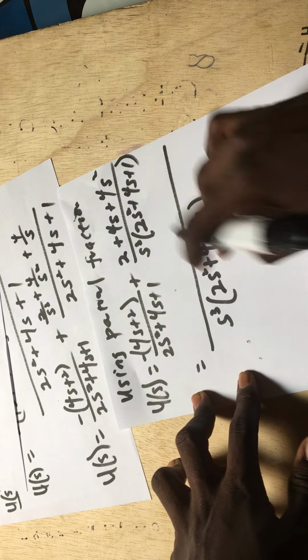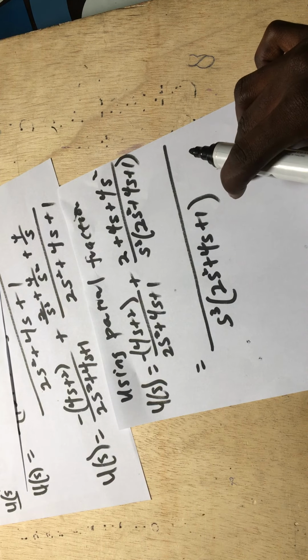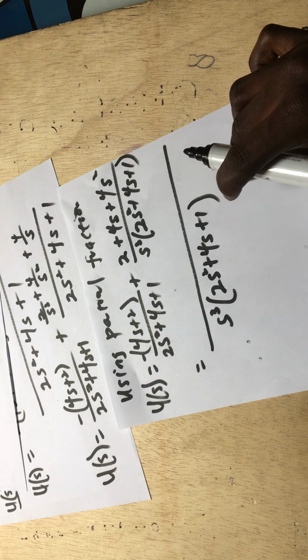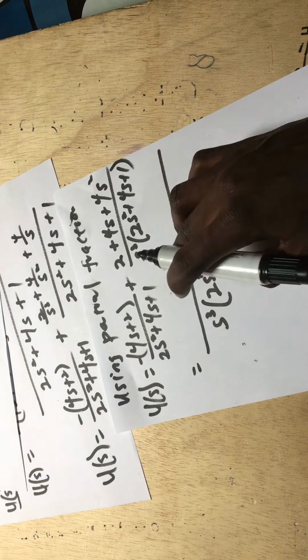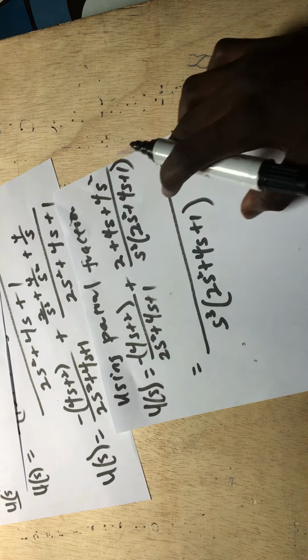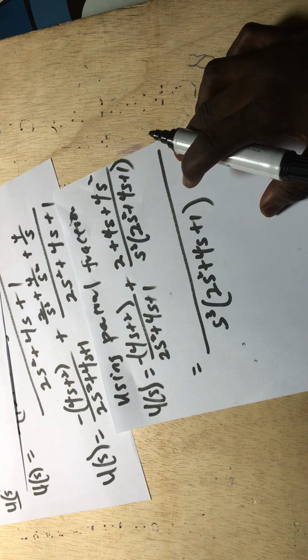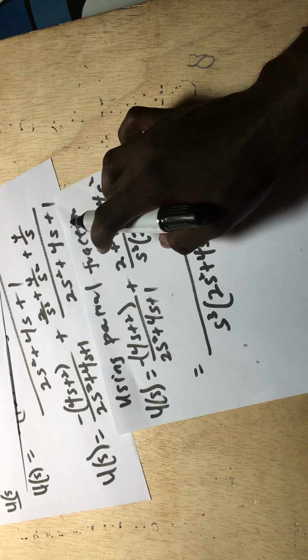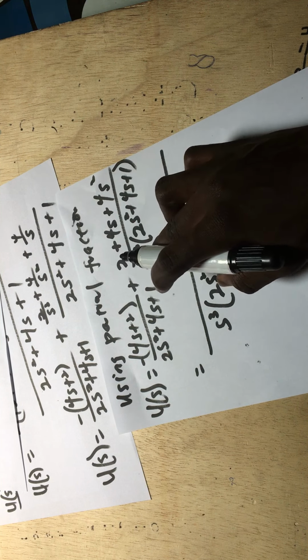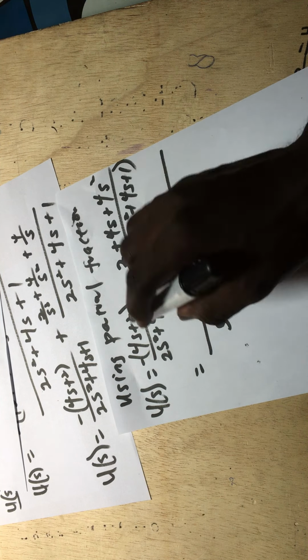Finding the LCM will give us this. So s will multiply this and then we bring this thing back. We are still going to maintain this and then we are multiplying s cube by this. Are you okay?